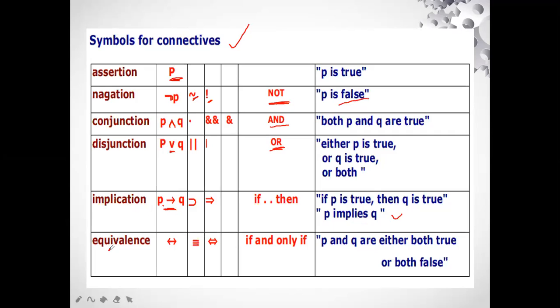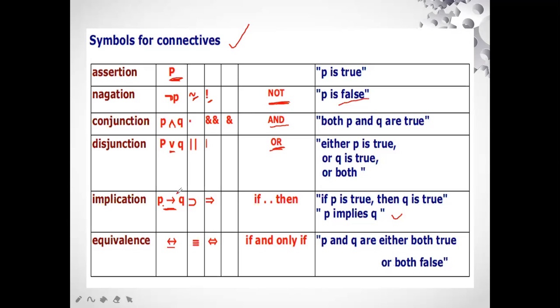Now next one is equivalence. Equivalence is formed with the arrow with both sides, that is if and only if. That means P and Q are either both true or both false. Only then they will be equal. So P equivalence Q means either P and Q are both true or both false. They will not be equal if P is true and Q is false, or vice versa.